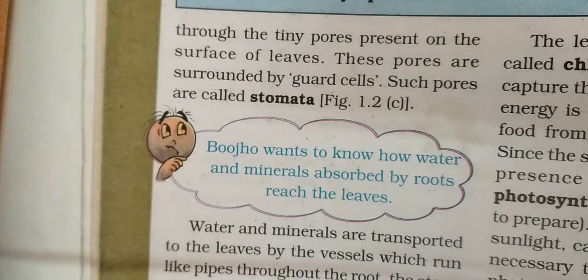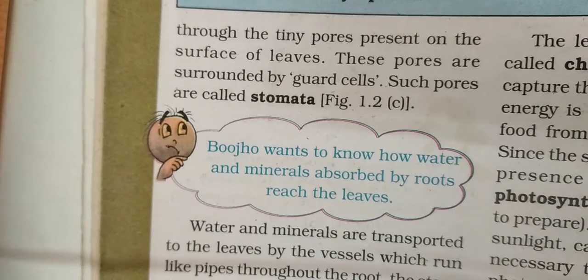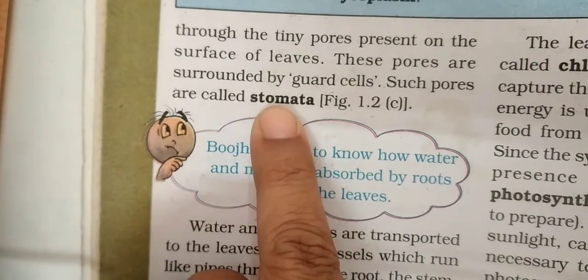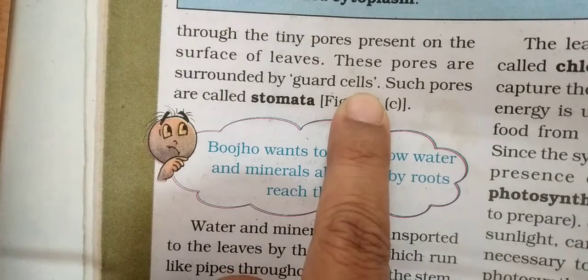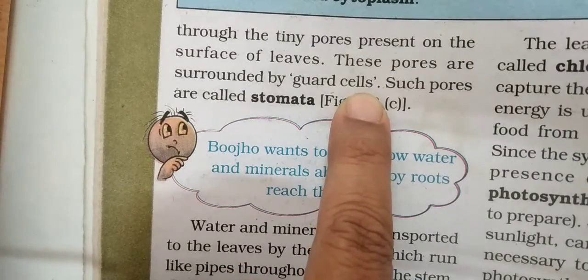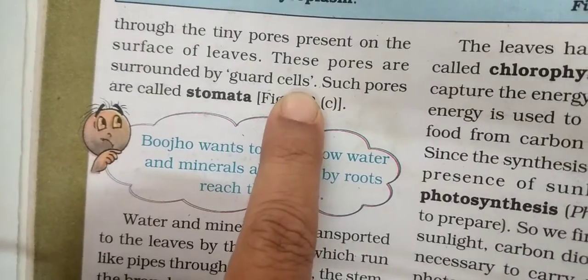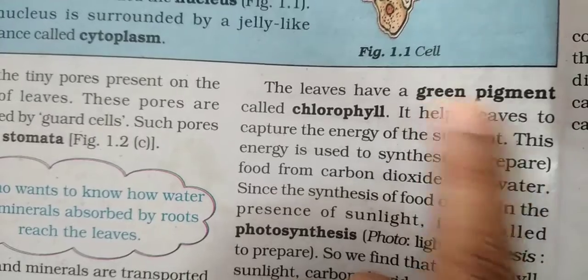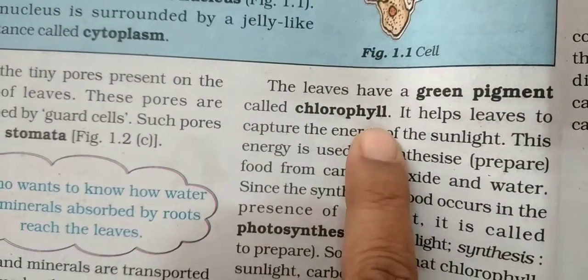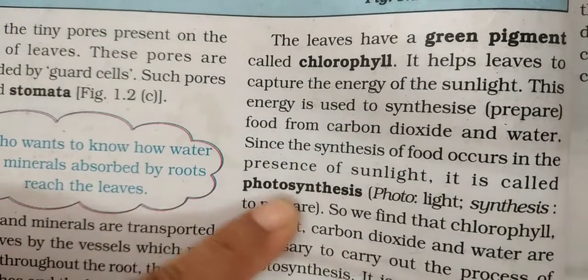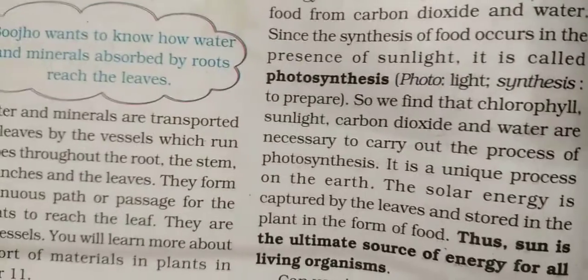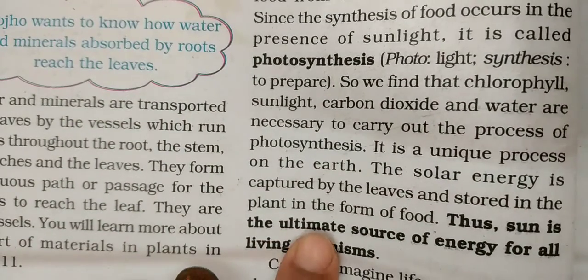Now today's difficult words which we have come across: one, stomata; second, guard cells. You are going to copy these down in your classwork notebook, and the homework will be to write down these words. Then green pigment, chlorophyll, photosynthesis, ultimate.